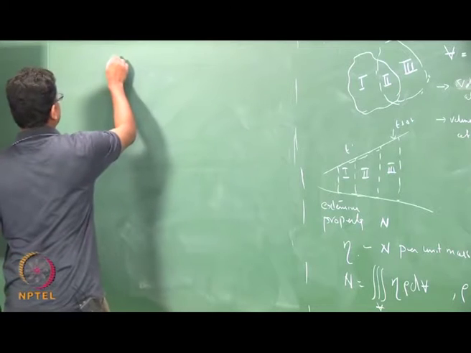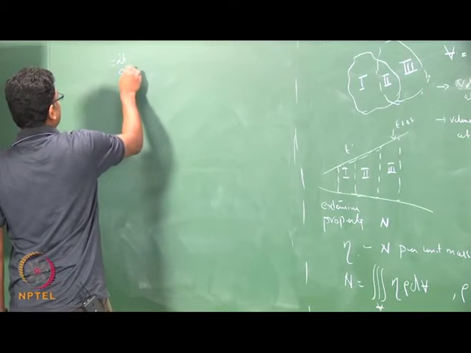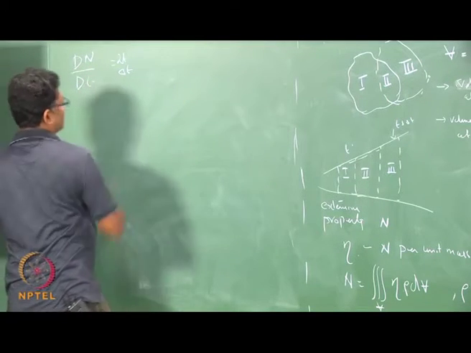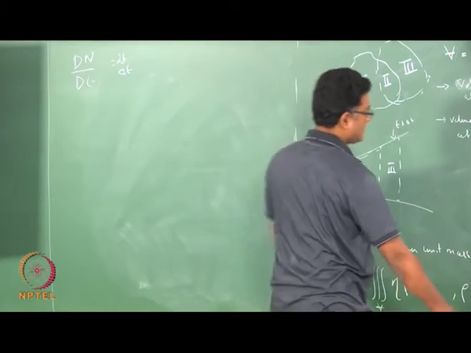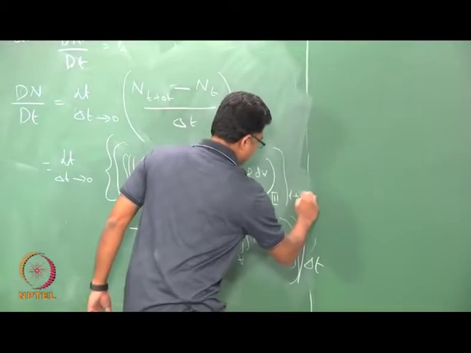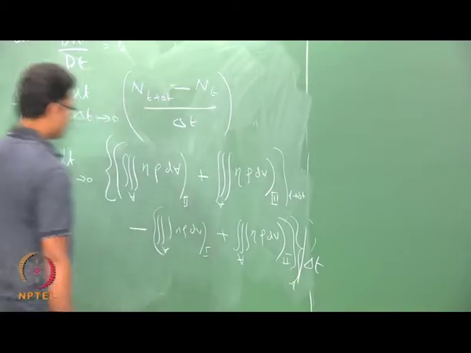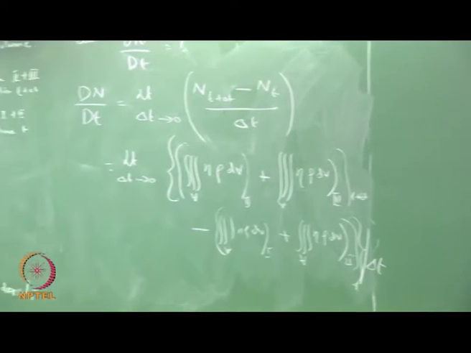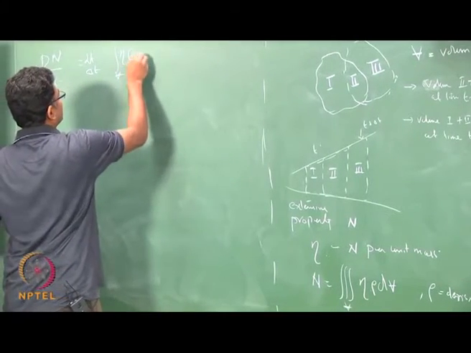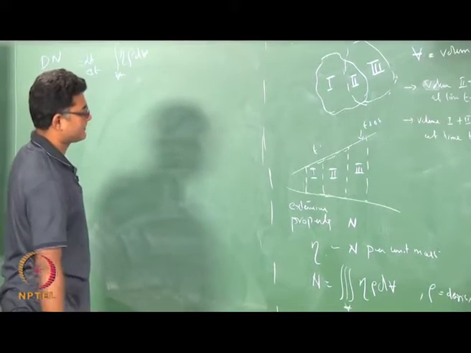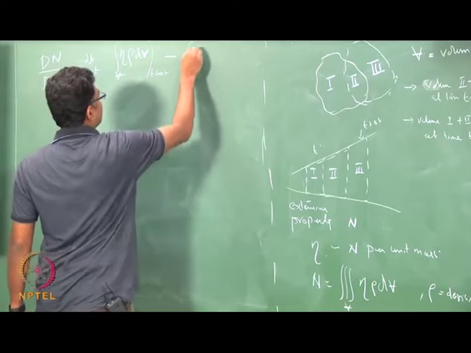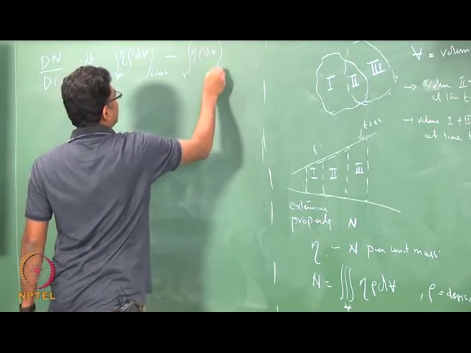So, I rewrite that as the limit as delta t tends to 0 of dN by dt. This is at t plus delta t, this is at t. So, I take region 2: the integral over the control volume of eta rho dV at t plus delta t, minus the integral of eta rho dV at t.